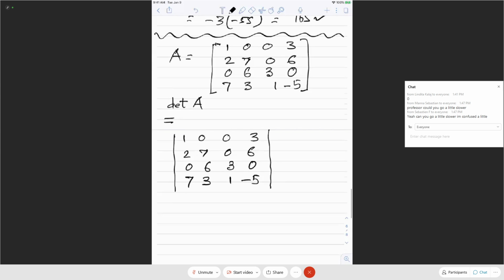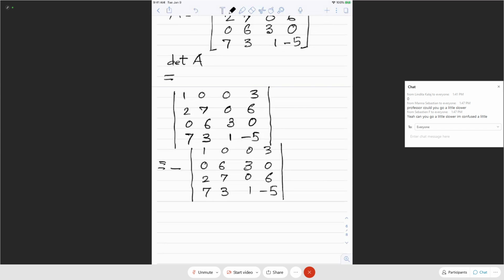Interchange the second and third row. 1, 0, 0, 3, 0, 6, 3, 0, 2, 7, 0, 6, 7, 3, 1, minus 5. Now multiply the first row by minus 2.